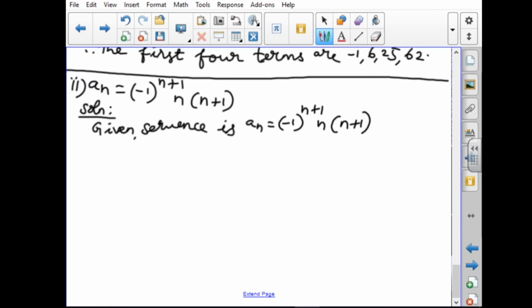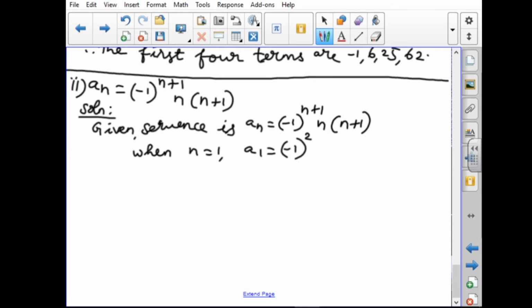They ask to find 4 terms. When n equal to 1, so a1 equal to minus 1 whole power n means 1. So minus 1 power 1 plus 1, 2.